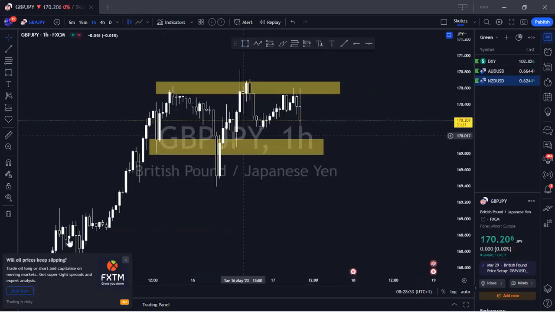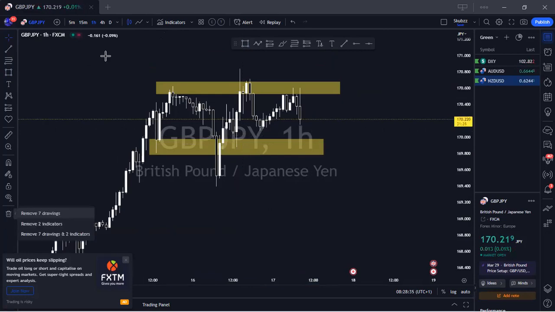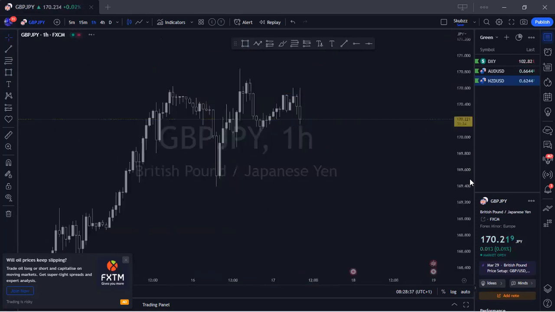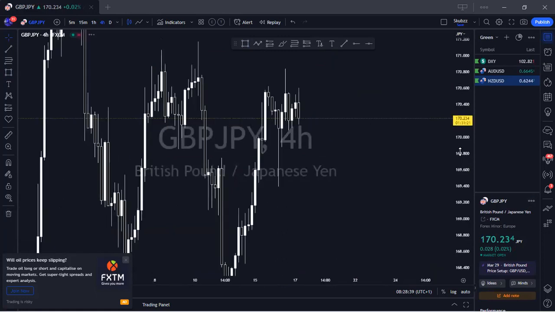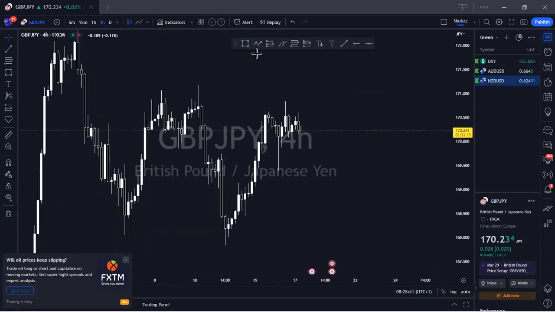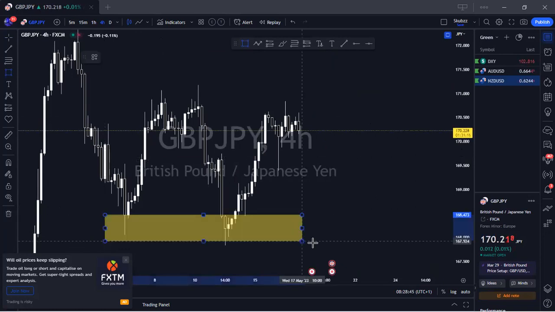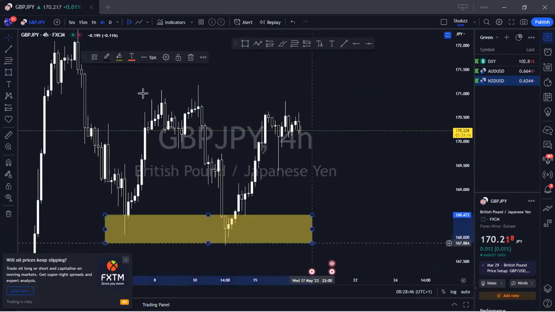That one is basically a nightmare for me. Let me look at the 4H. On the 4H, overall, it's actually inside the range right now, between here and this top here. So the 4H range and the 1H are also in the range.